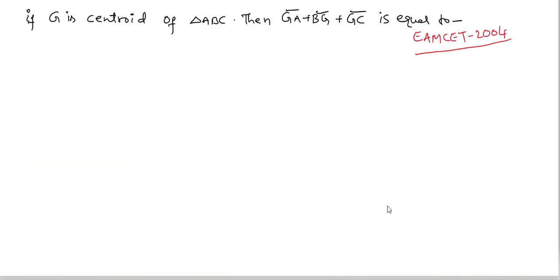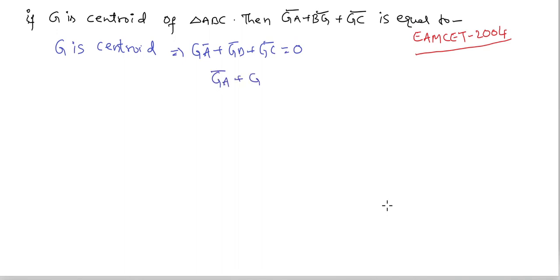If G is the centroid of triangle ABC, then GA bar plus GB bar plus GC bar is equal to dash. MSET 2004 question. We know that here it is given G is the centroid. That means centroid means GA bar plus GB bar plus GC bar is equal to 0. From this equation, GA bar plus GC bar is equal to minus GB bar.